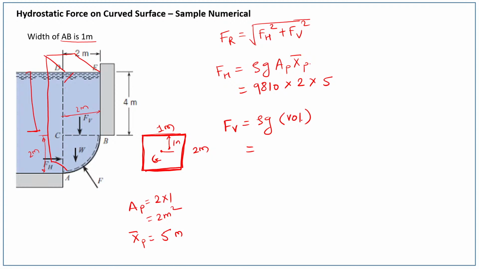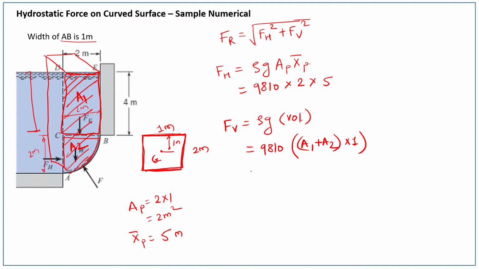The front area you can find out as this area plus this area. So rho g is 9810 into volume. I can write as A1; let us consider this area is A1 and this area is A2. So it is A1 plus A2 into thickness. The thickness perpendicular to this plane is 1 meter.